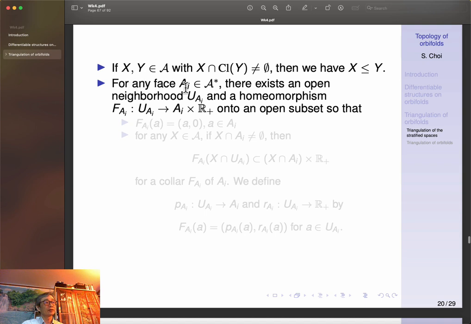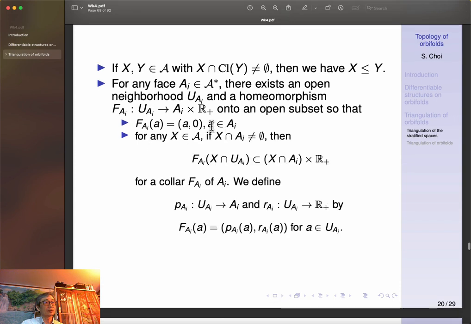And for any face A_i in A star, there exists an open neighborhood U_{A_i} and a homeomorphism F_A from U_{A_i} to A_i times R plus onto an open set, so that the points on A_i go to A_0, and for any x in A, if x intersect A_i is not empty, then F_A maps x intersect U_A to x intersect U_{A_i} times R plus, for a color F_A of A_i, because A_i as always is a color.